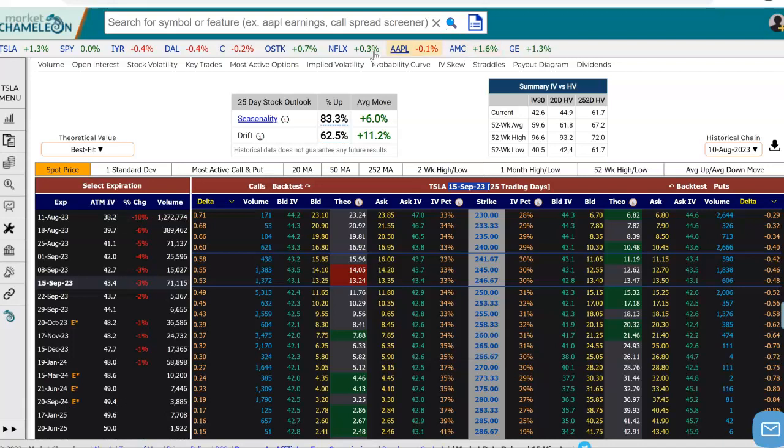If we hover over this, we also get a little bit more stats. Here it tells us that if we divided the up moves and the down moves into two different buckets, on average, the up moves were up 10.1%, and the average of all the down moves were down 14.1%.